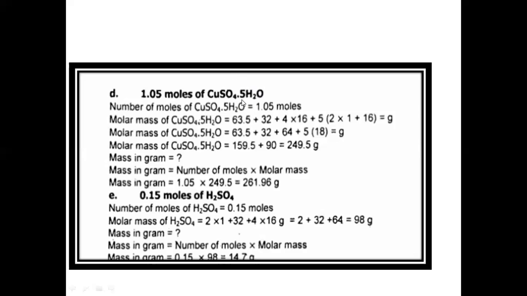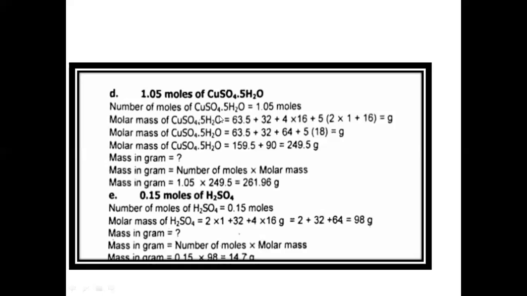Okay, one molecule: copper, sulfur, oxygen, hydrogen, and oxygen. You have to count all, and while finding out the molar mass of copper sulfate, we have to also add the molar mass of 5 water molecules. If one water molecule is 18, it's understood we have to multiply 18 by 5, because this 5 means 5 water molecules are present in the crystal structure of copper sulfate.